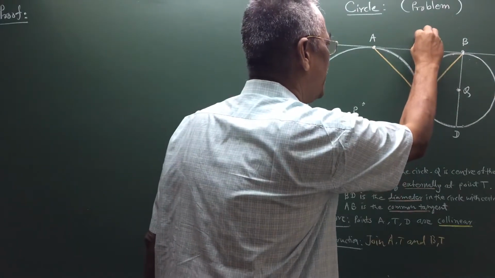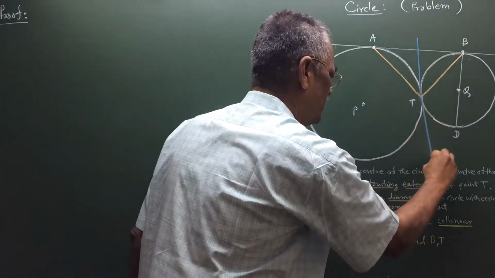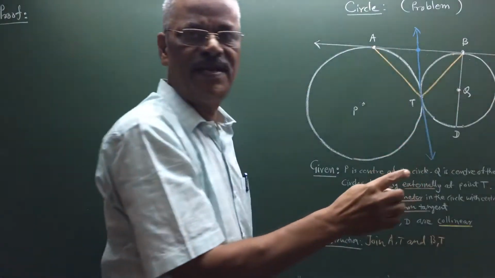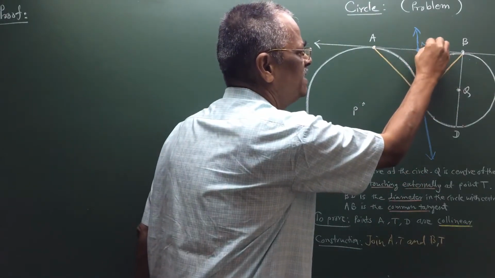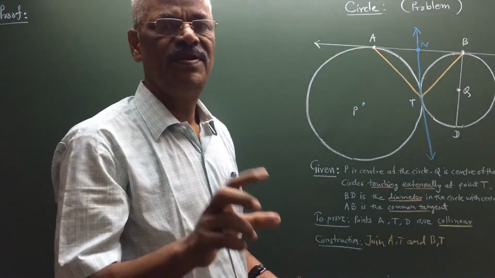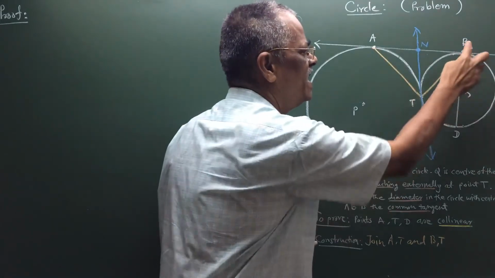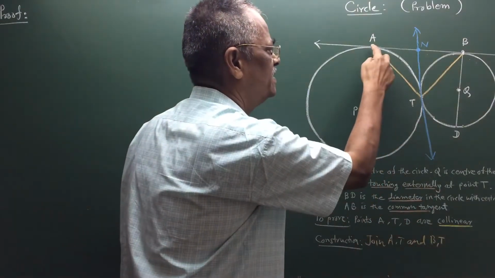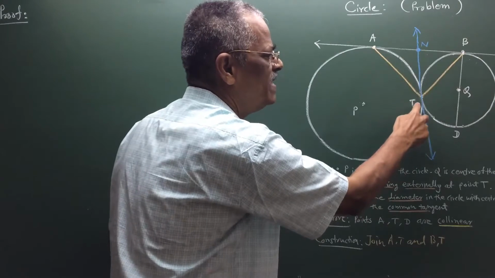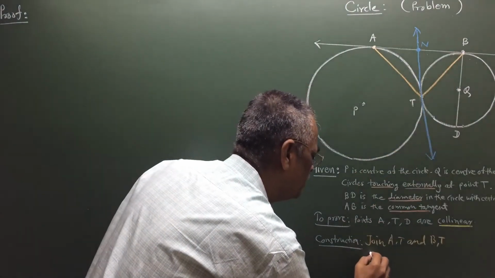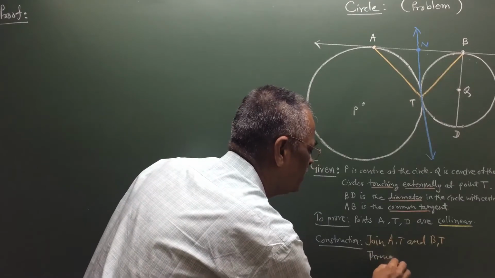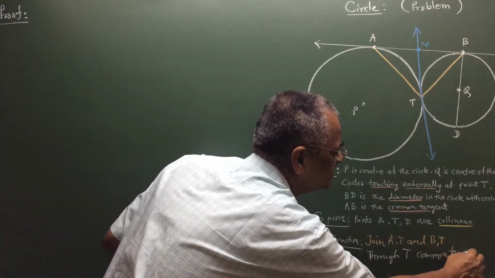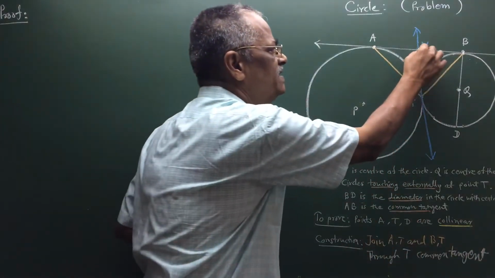If we draw the common tangent through T, and suppose it is intersecting the common tangent AB, let the point of intersection be N. After AT and BT, we draw the common tangent through T, intersecting at point N.